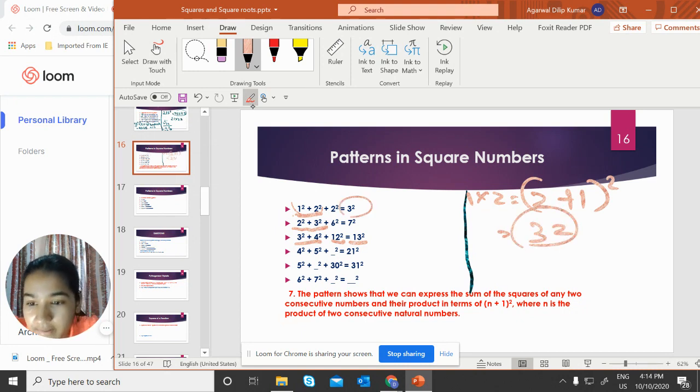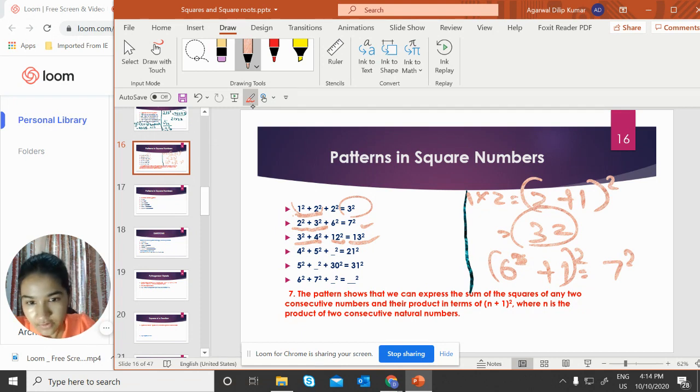Next, 2 square plus 3 square. What is that product? 6. 6 plus 1 is 7, so 7 square. 3 into 4 is 12. 12 plus 1 is 13, so it's 13 square.